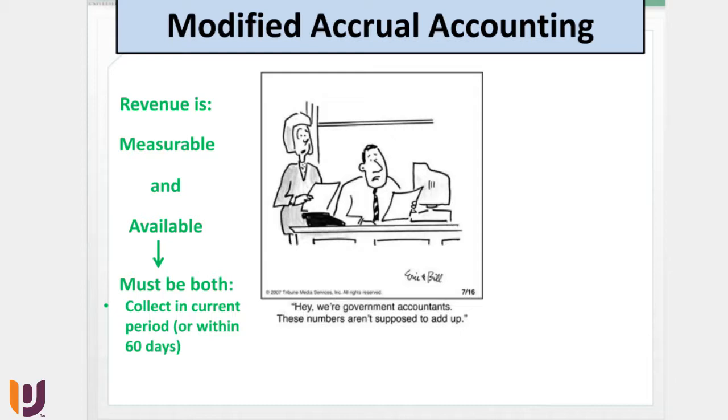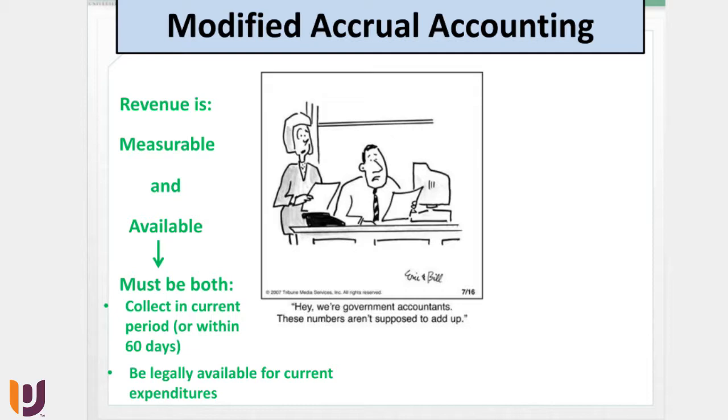One, collectible either during the current period or after the end of the current period, but in time to pay year-end liabilities. And two, legally available to finance current expenditures to be paid within 60 days.